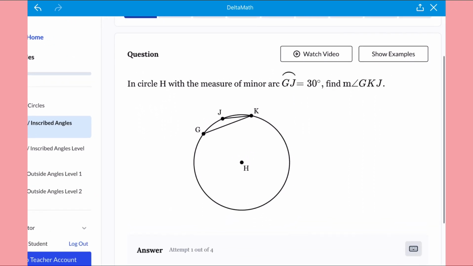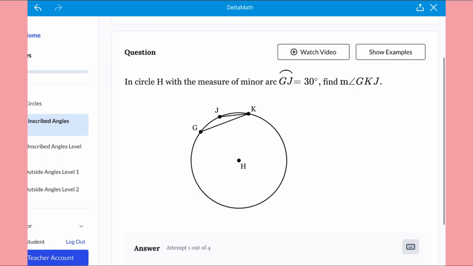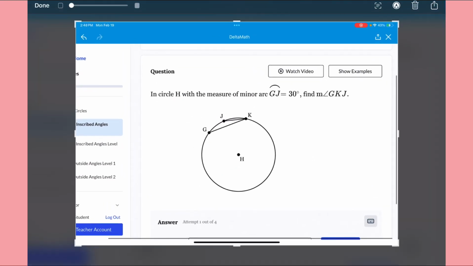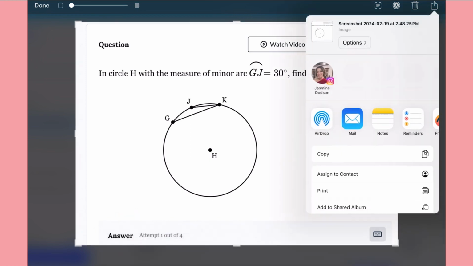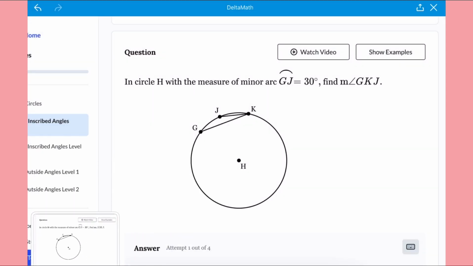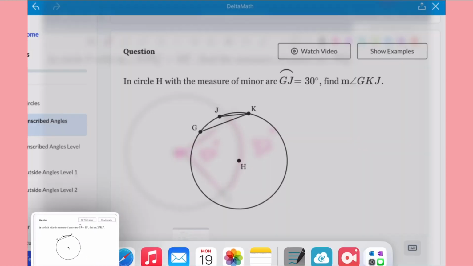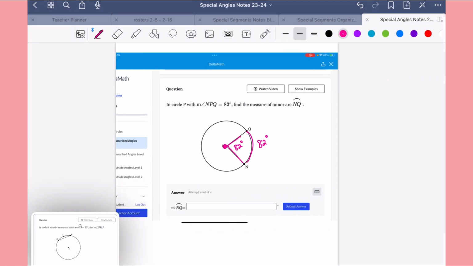It says in circle H with the measure of minor arc GJ equals 30 degrees, find the angle GKJ. Okay, so let me crop this.